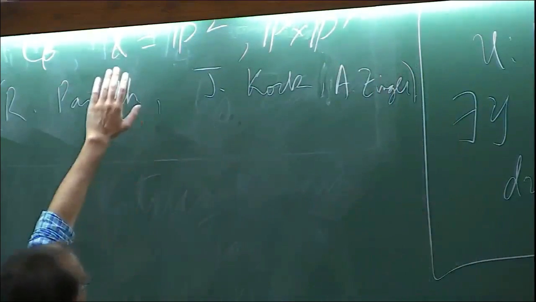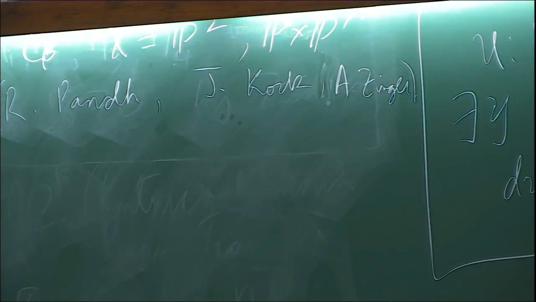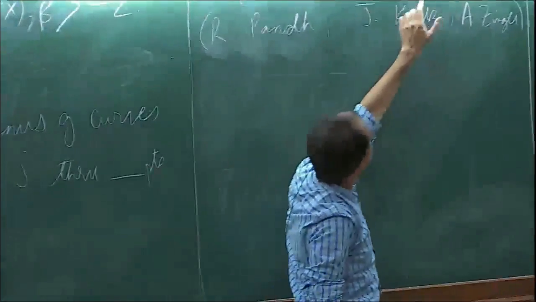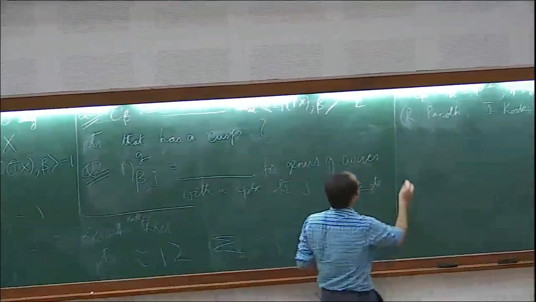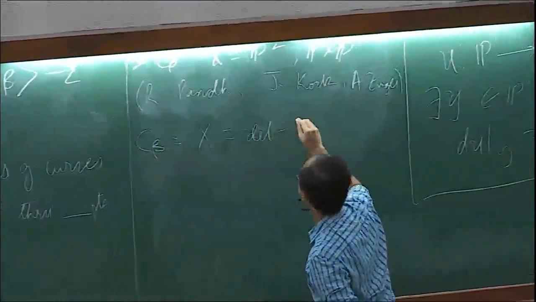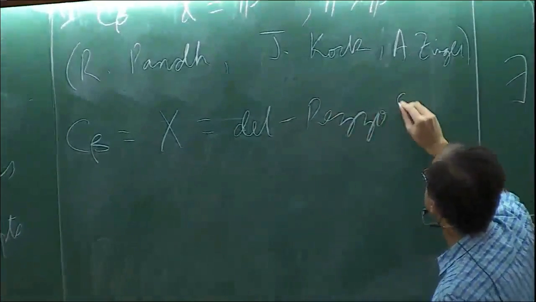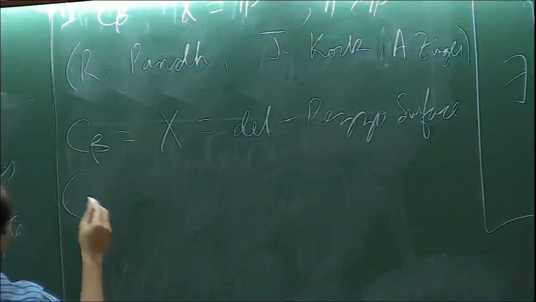Pandharipande and Koch use an algebraic geometric method to compute this number. Zinger uses a symplectic method to compute this number, C beta for P2. And so we find a formula when X is any del Pezzo surface by extending the method of Zinger.